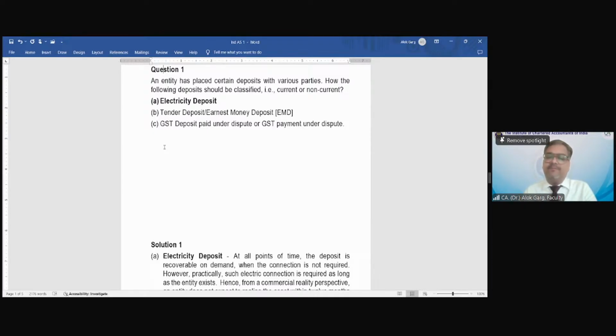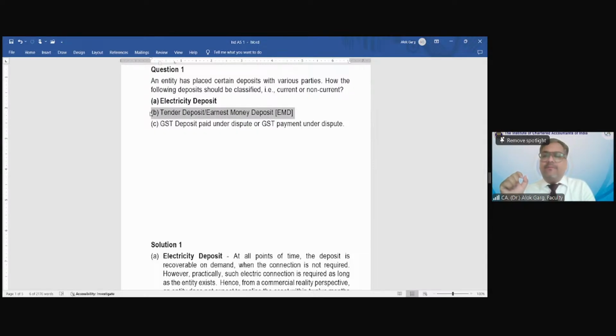We'll come to that. The second question: tender deposit or earnest money deposit. What is this? A tender deposit is when an entity wants to participate in some tender. Like the Government of India has invited bids for some safety and security equipment at our border.